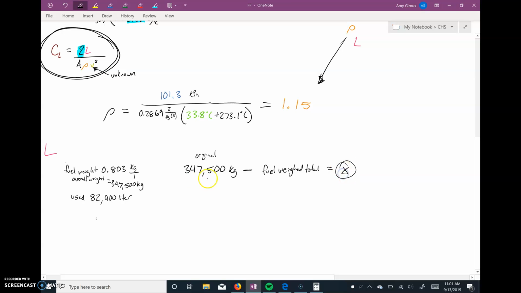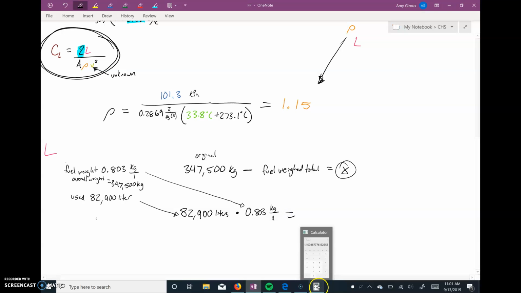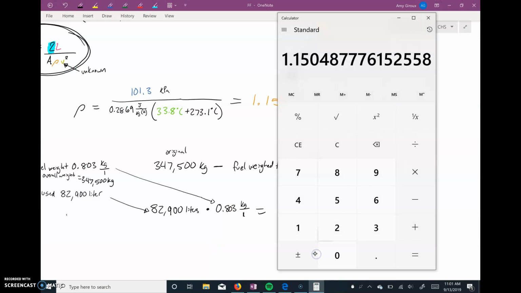For our fuel weight, we know we used 82,900 liters, and we want to know how much that actually weighed total. Each liter is 0.803 kilograms. That's from here. If we calculate this value, it will tell us how much all of that weighed.